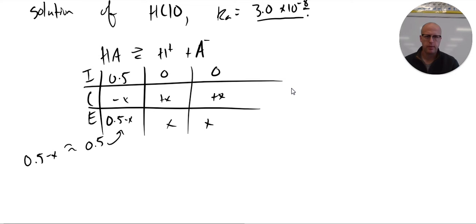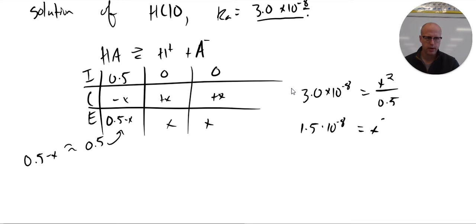So solve it now. I have my concentrations at equilibrium. I'm going to plug them into the Ka. So 3.0 times 10 to the negative 8 is equal to x squared divided by 0.5. Multiply 0.5 through to both sides, so we get 1.5 times 10 to the negative 8th, if my math is serving me correct today.